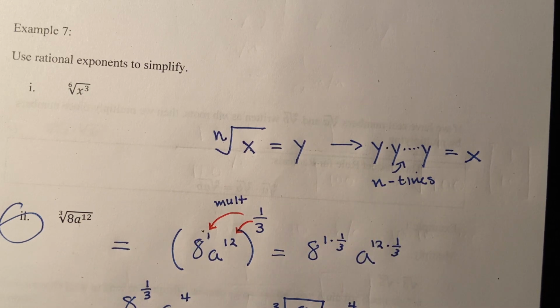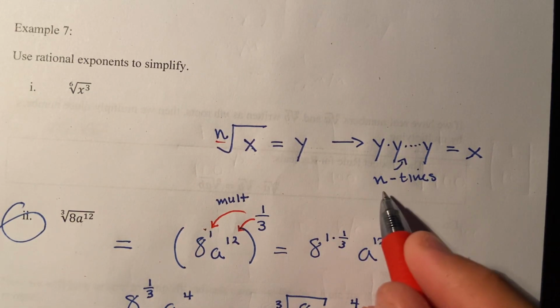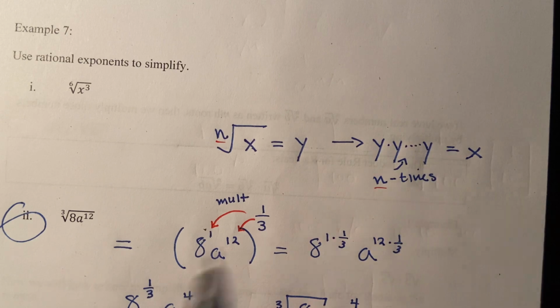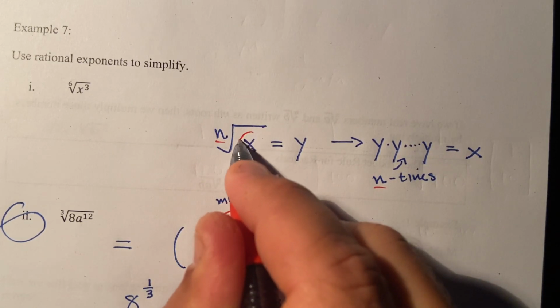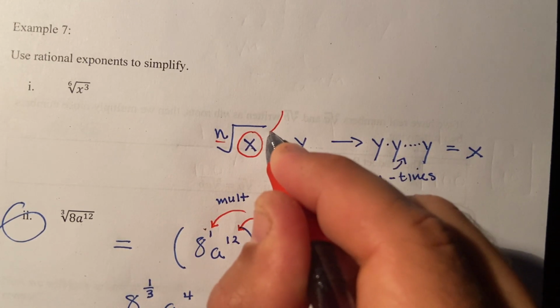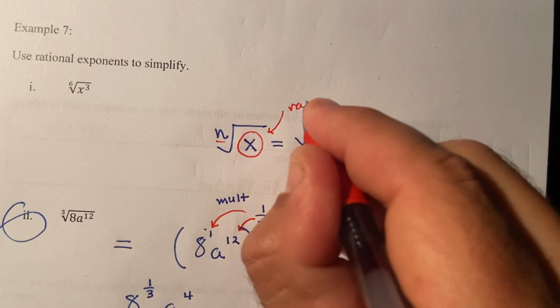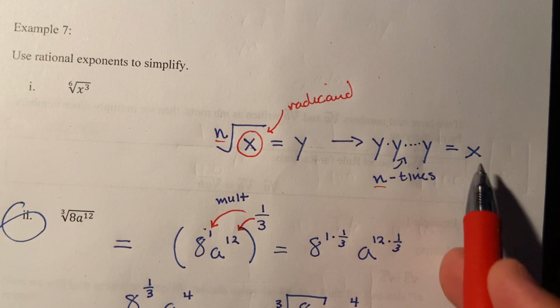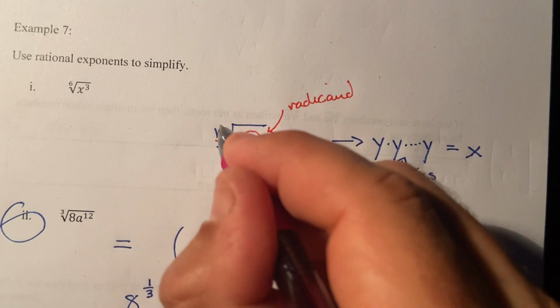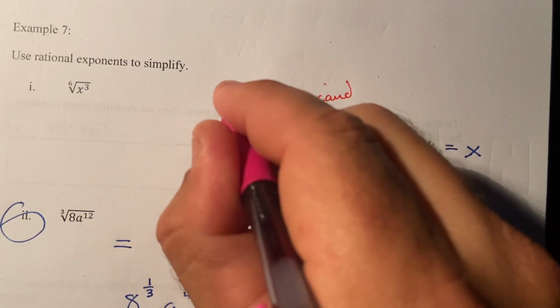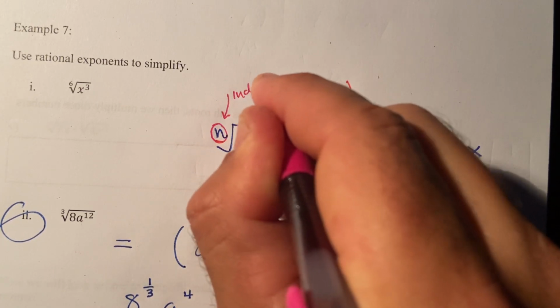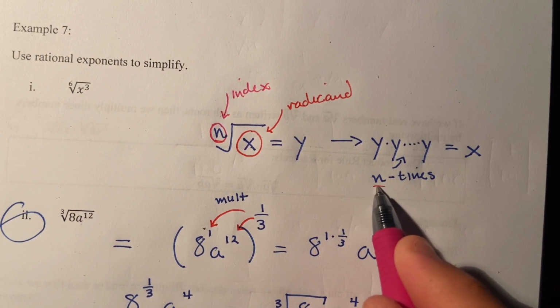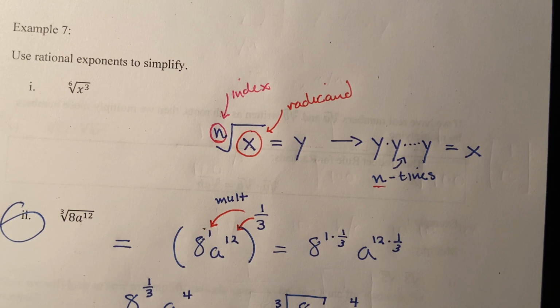Right, so this n tells us how many times to multiply. This x is actually called the radicand, and that's what we're trying to multiply to. And this n is called the index, and that's how many times we multiply.